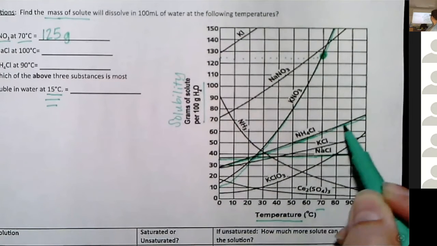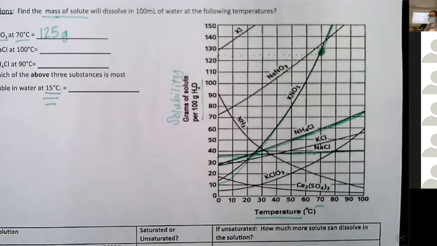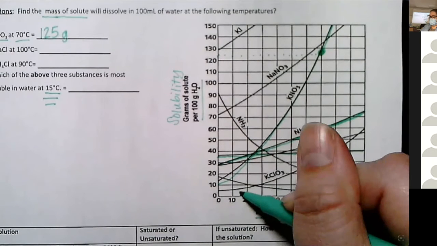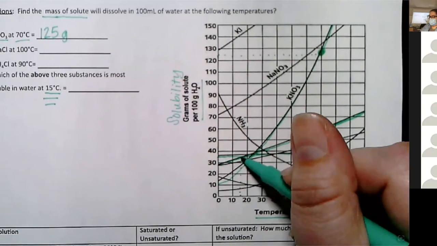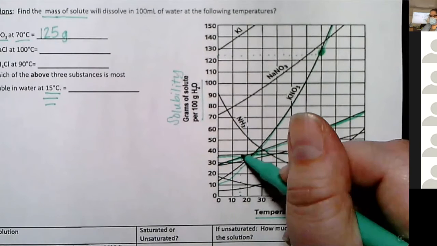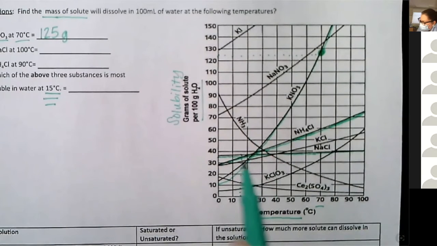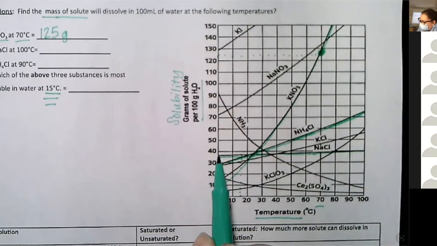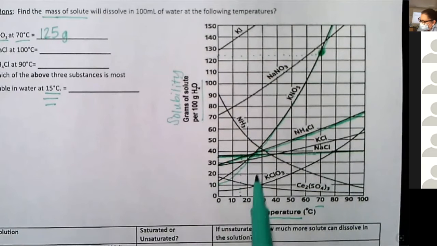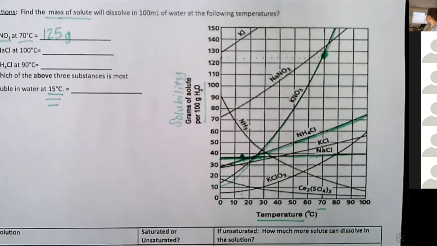So I've got my lines here, and it says which one is the most soluble at 15 degrees. 15 is between 10 and 20, so we're just going to go up and see which one is the highest line. In this case, our NaCl line, it's really hard to see, but it's this guy right here, and at 15 degrees it's the highest one.